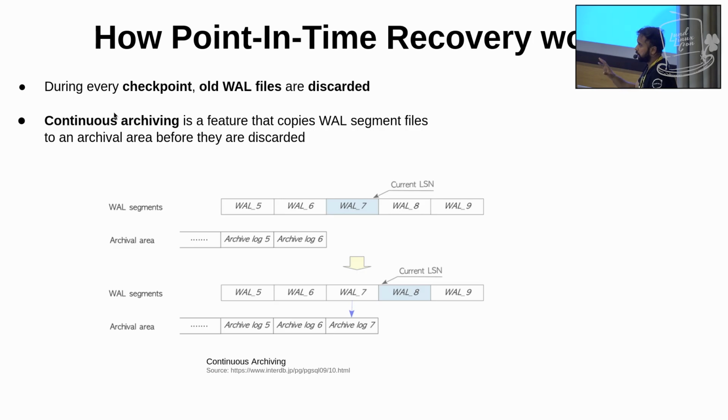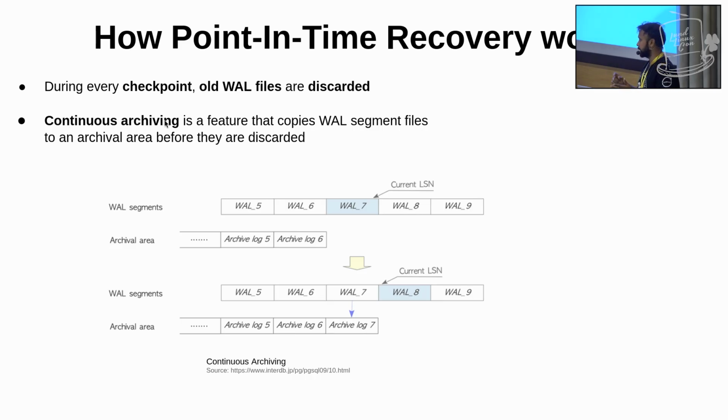So typically what happens is, every time you do a checkpoint, every time I say, okay, this is the new reference for the database, you actually just recycle the write-ahead log if you don't have any archiving. But because you need to go back in time, you want to have the point in the recovery. So people enable something called continuous archiving.